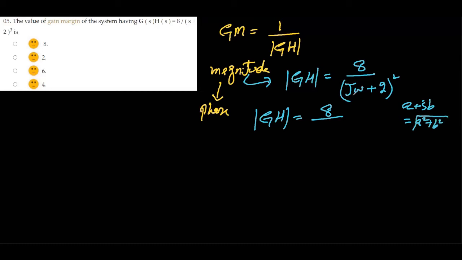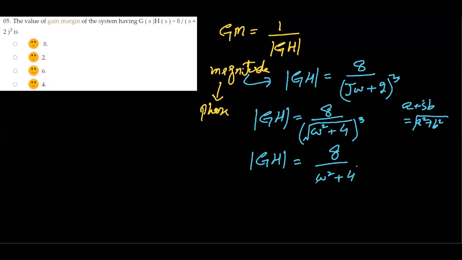Similarly, I will take this as omega square plus 2 square, so 2 square will be equal to 4, into square root, into cube. Sorry, yeah, this is cube. So your GH will be equal to 8 divided by (omega square plus 4) to the power 3 by 2.